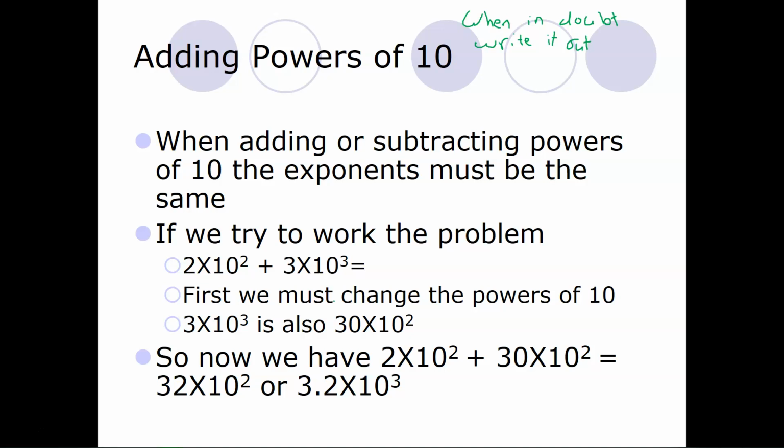So looking at numbers like these, so I have 2 times 10 to the second and 3 times 10 to the third. In reality, these numbers are 200 and 3,000.